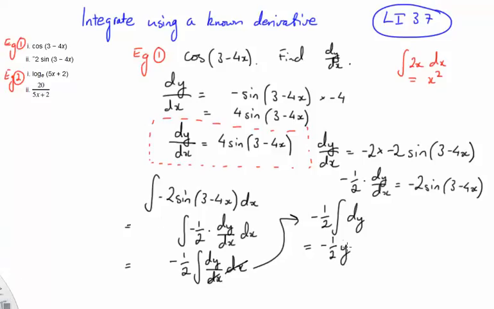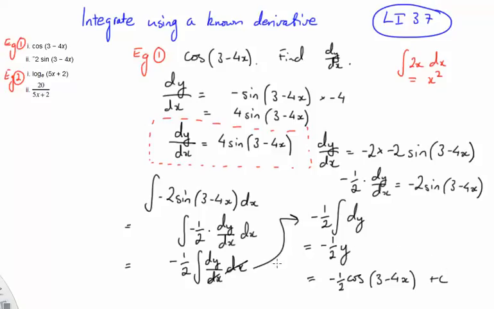Now we can sub y in, because we know what y is. We said that y equals cos(3 - 4x), because we're finding dy/dx. So we've got negative a half cos(3 - 4x) as our answer. So the integral of this is this, plus c.